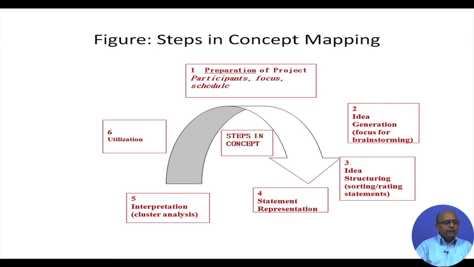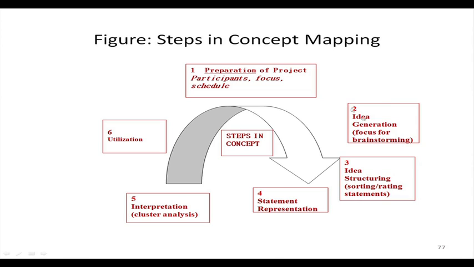So, when you are going to apply this actually in the area of problem solving, it is very, very important to conceptualize the problem first, and that is where you go for concept mapping, right. So, these are the different stages in concept mapping. The first stage is preparation of project, participants, focus and schedule. Okay. Identify the participant, identify the problem, okay, and then schedule it.